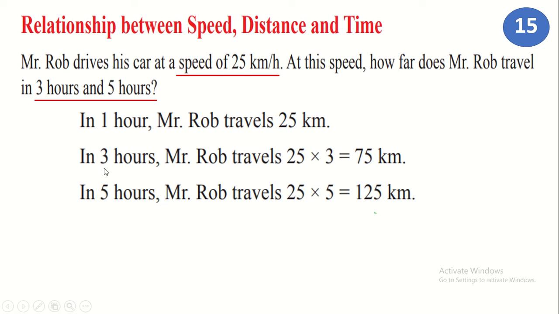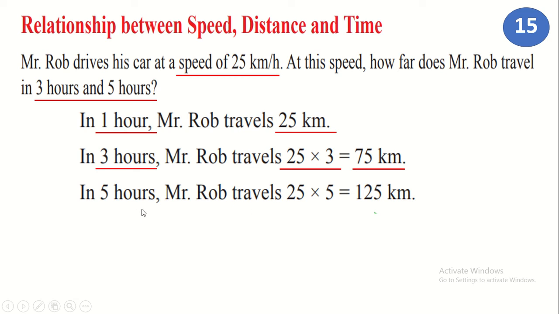Now you multiply 25 times 3, which is 75. In 1 hour, 25. In 3 hours, you have 75. You multiply by 3: 25 times 3 equals 75 kilometers.